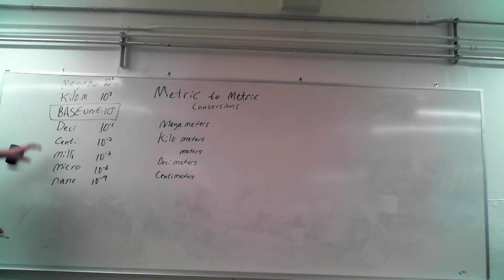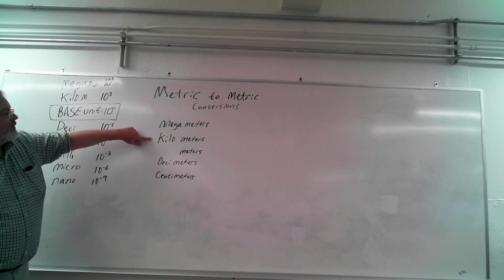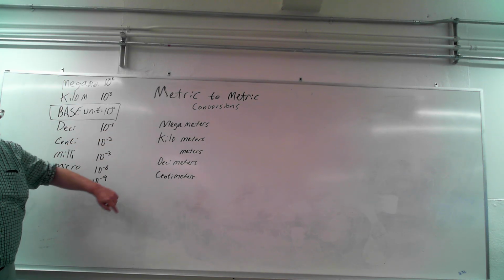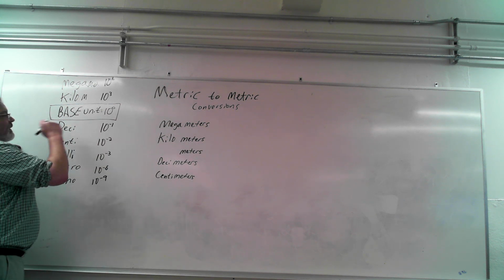So books don't always include this spot, but there is a spot there. So this was 10 to the 6, 10 to the 3, 1, 10 to the negative 1, 10 to the negative 2. So this is where the 10 to the 0 would be.